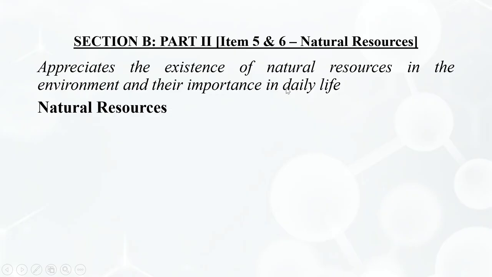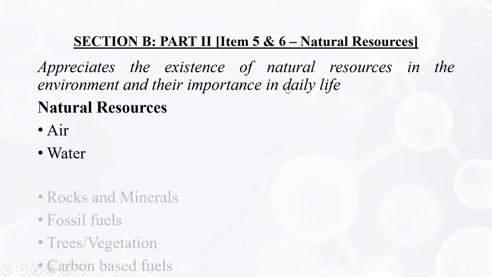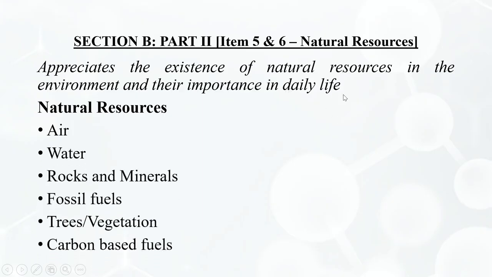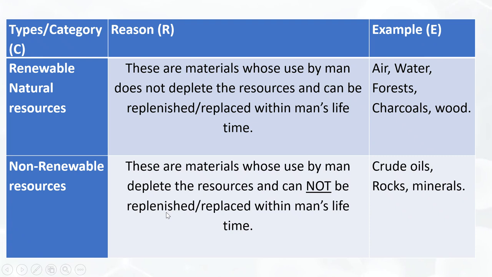Now, what are some examples of natural resources? Number 1, we have listed: air, water, rocks and minerals, fossil fuels, trees, carbon-based fuels. All these are natural resources. But as we are looking at these natural resources, we have to categorize them into 2.